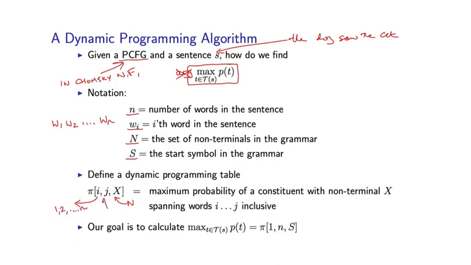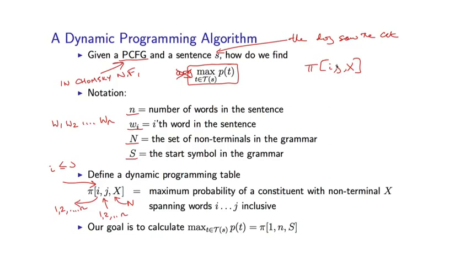And j is also going to be some value in the interval 1 up to n. And we always have i less than or equal to j. So we only consider entries pi of i, j, x, where i is less than or equal to j. We'll see why in a second.